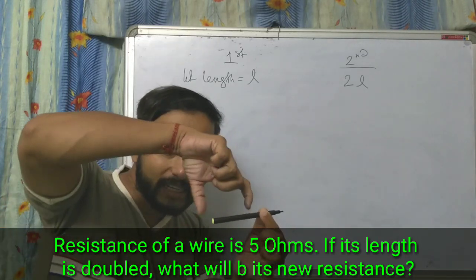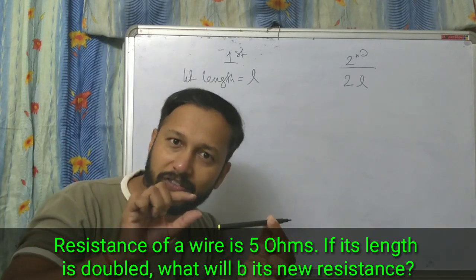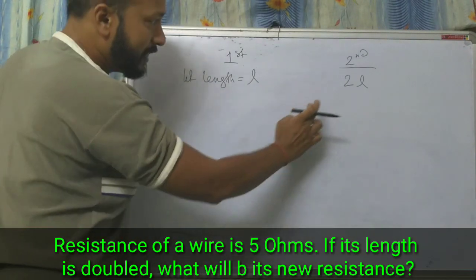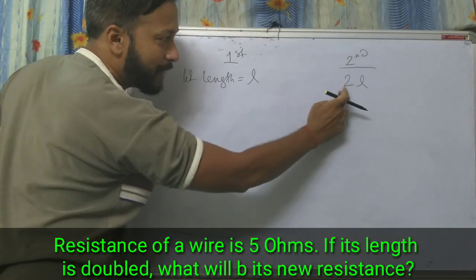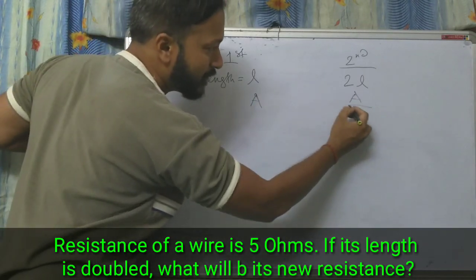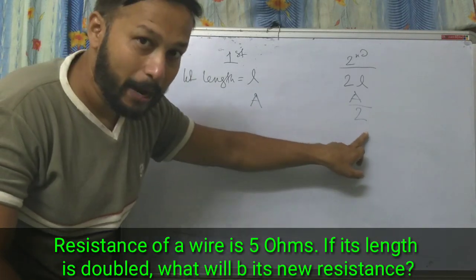So if you increase the length twice, then its area will be half. Understood? When you increase the length to 2L, its area will be A by 2.